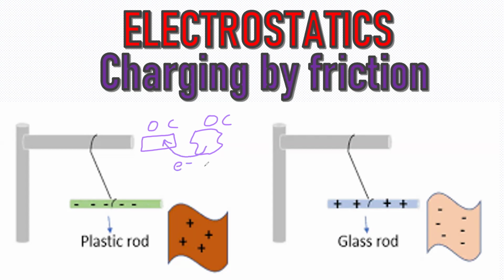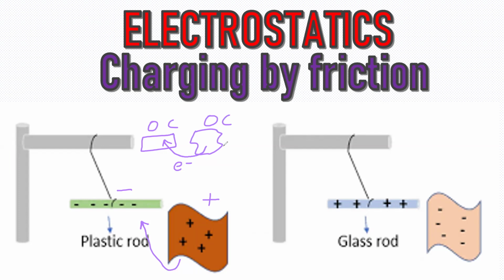Remember what we said, only electrons can move. So as you see, the plastic becomes negatively charged and the cloth becomes positively charged. We should keep in mind that any neutral object gaining electrons, just like the plastic rod, becomes negatively charged.